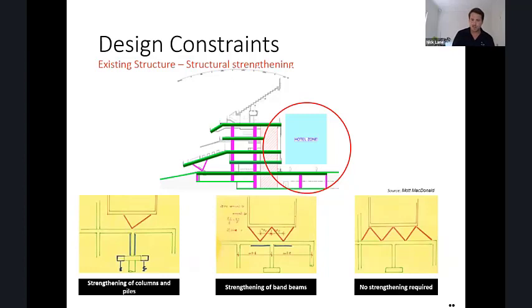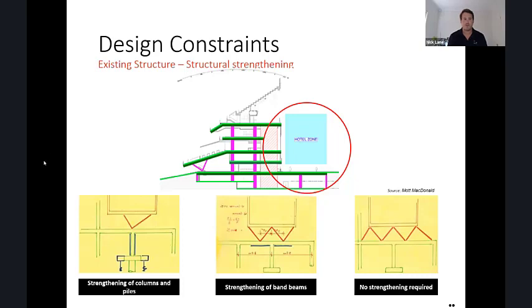So with these V columns that I was talking about previously, they were advantageous from a structural point of view because we could focus the vertical load and weight of the structure where we wanted it onto the existing structure below. Through concept, we looked at a few different ways to do that, and each option had different implications in terms of structural strengthening to the existing structure below.